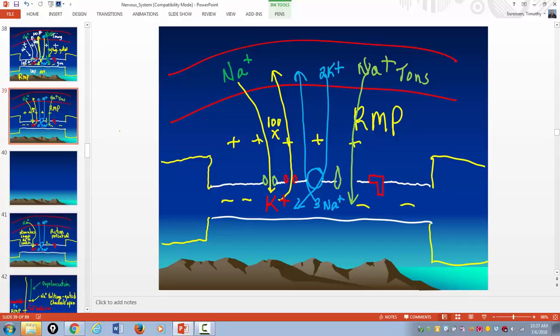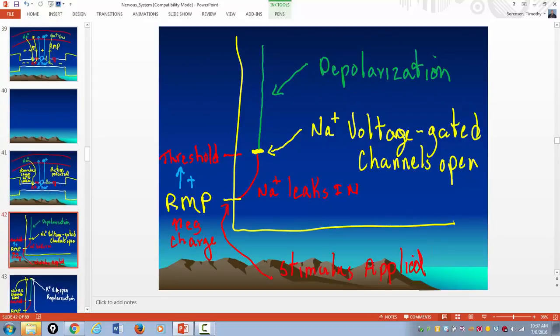And because sodium has a positive charge, it's going to cause the charge inside that node to become much more positive rapidly. So there's an increase in the charge inside that cell because you opened up the sodium voltage gated channels. And that, ladies and gentlemen, is called depolarization. The nerve has fired. So sodium causes depolarization, and specifically it's the opening of the sodium voltage gated channels.